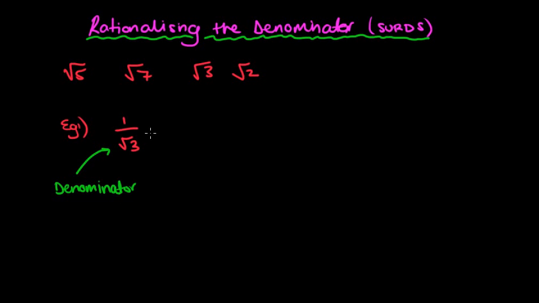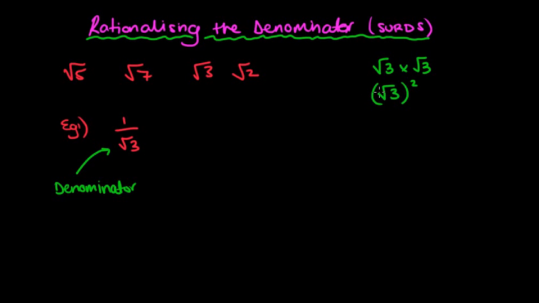Well, the idea, in order to create a whole number out of that number, is that we're going to square it. Because if I square it, which means we're timesing it by itself, root 3 times root 3, or another way of writing that is this. Hopefully you'll remember that the square and the square root sign are opposites of each other.